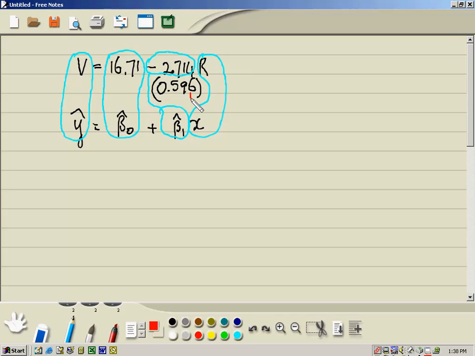We also have that the standard error is 0.596, and the notation for the standard error is S beta hat 1.